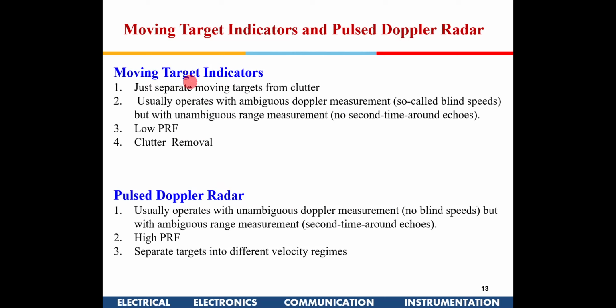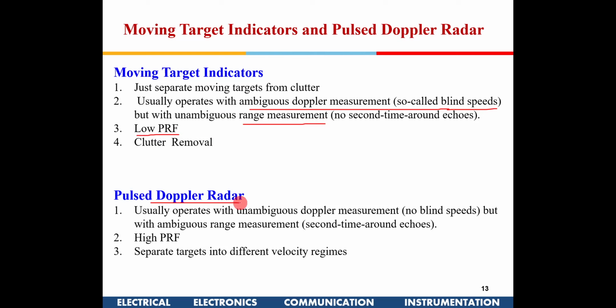In MTI we use a low PRF, and since we are using a low PRF, there is an ambiguity in the Doppler measurement, so blind speeds will be there, because it's low PRF, right? But then the range measurement is very good, right?